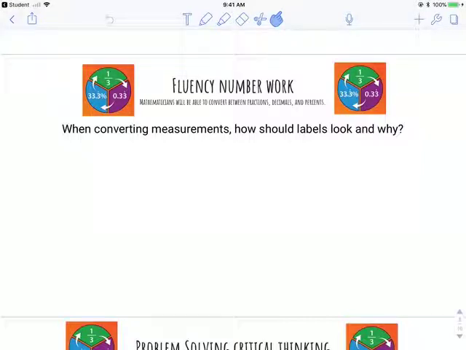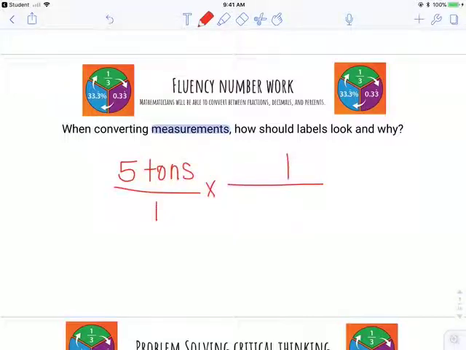When converting measurements, how should labels look and why? So I'm talking about converting measurements, which means you have to have that conversion charts to do them. An example of how that would look is if I gave you 5 tons and you needed to convert that into pounds, we would say that our labels had to be one in the numerator and one in the denominator.